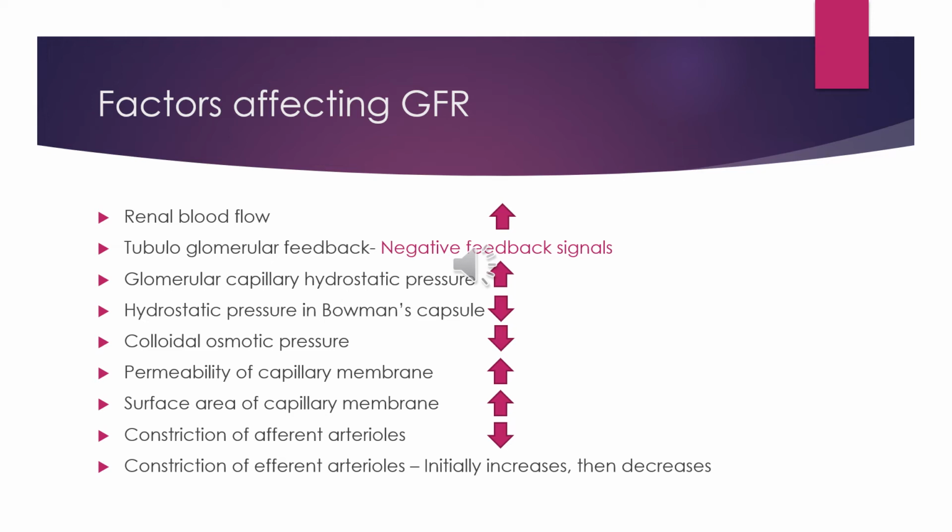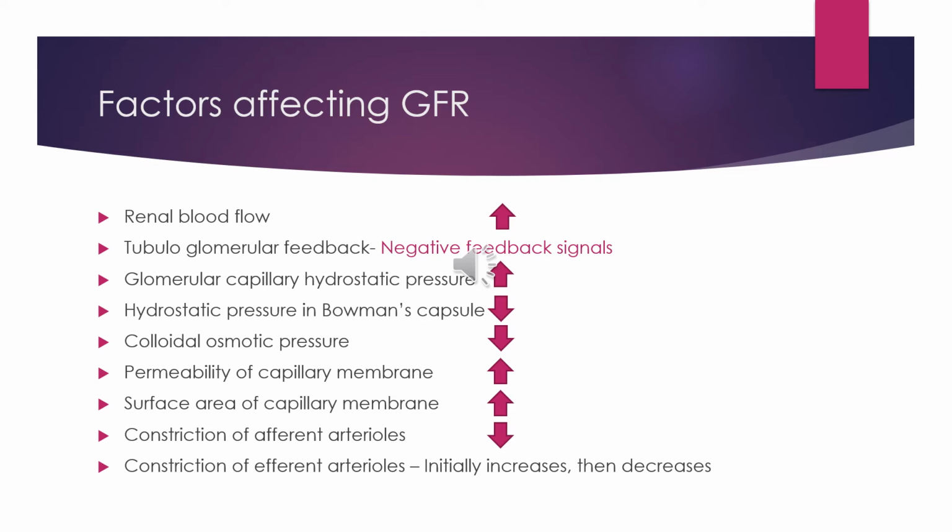So if the load of sodium chloride in the tubular fluid is higher, meaning the glomerular filtration rate is higher, the macula densa releases adenosine from ATP, and this adenosine causes constriction of the afferent arterioles. So when the afferent arterioles constrict, the glomerular filtration rate also decreases. And several factors like thromboxane, prostaglandin E2, etc. are there, which cause a decrease of glomerular filtration rate by vasoconstriction.